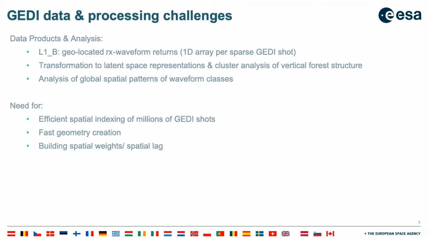We're also interested in fast geometry creation, because if we just want to look at forest structure in the tropics, for example, we need a way of clipping these points to a specific spatial extent. And we're also interested in building spatial weights or generating spatial lag information to, for example, analyze neighborhood relations between these different types of waveform classes.